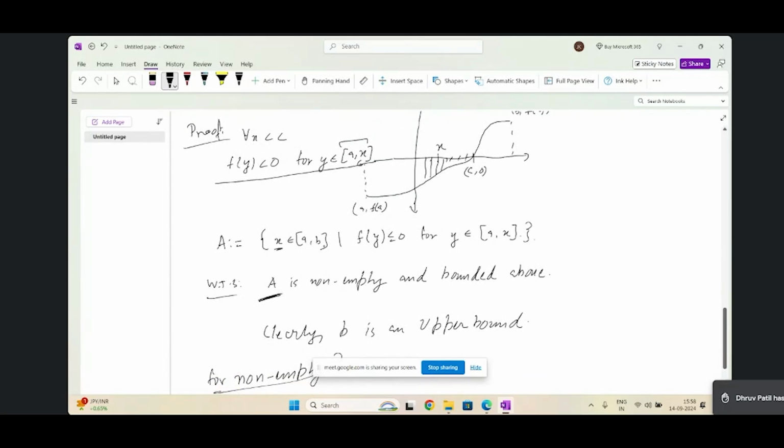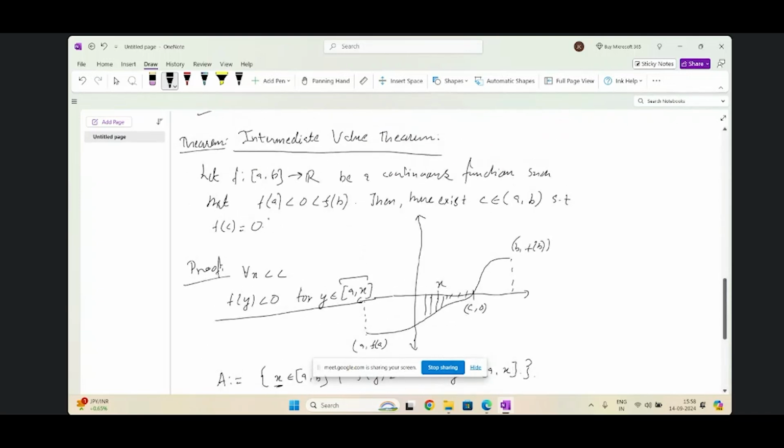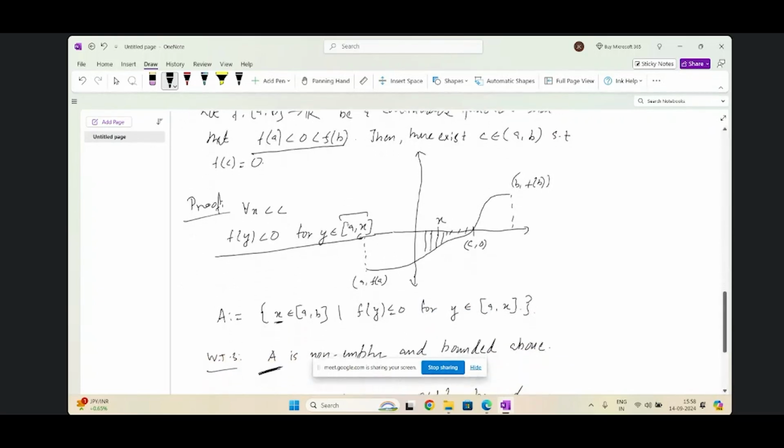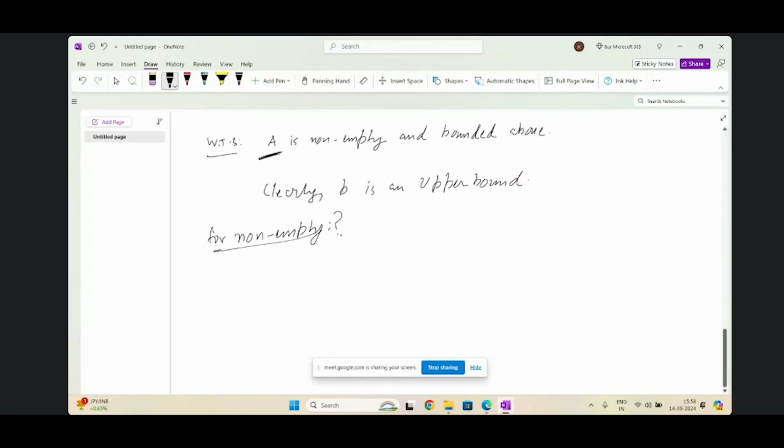We took f of a to be less than 0, one element to be less than 0, one to be greater than 0. Yeah, actually you can see that in the definition itself, the non-emptiness and the bounded above is clear, right? But let us try to prove this rigorously. Okay, so how do we do this?